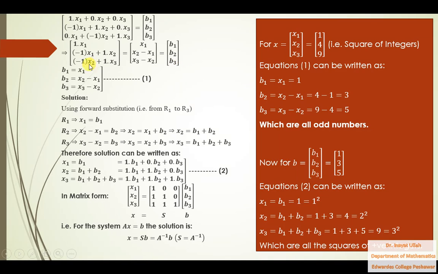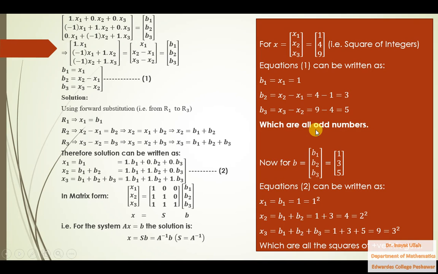Now b1 is equal to x1, which is 1. b2 is equal to x2 minus x1, that is 4 minus 1, which is 3. Similarly, b3 is x3 minus x2, that is 9 minus 4, which is 5. And we see that these numbers, 1, 3, 5, are odd numbers.